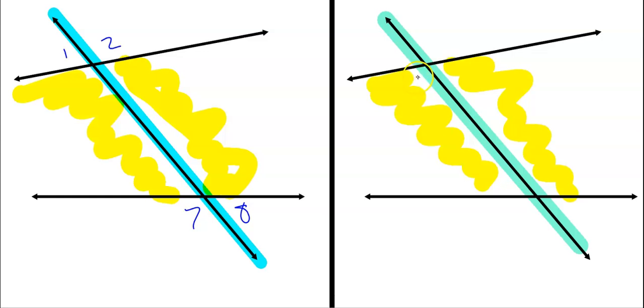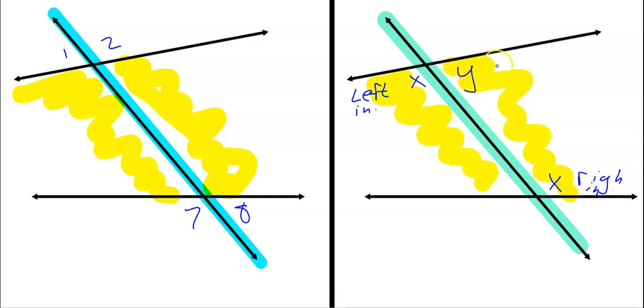We're going to use some kind of notation here. I'm going to say X. X and X are alternate interior angles. We got inside left, inside right. So left, inside, right, inside.